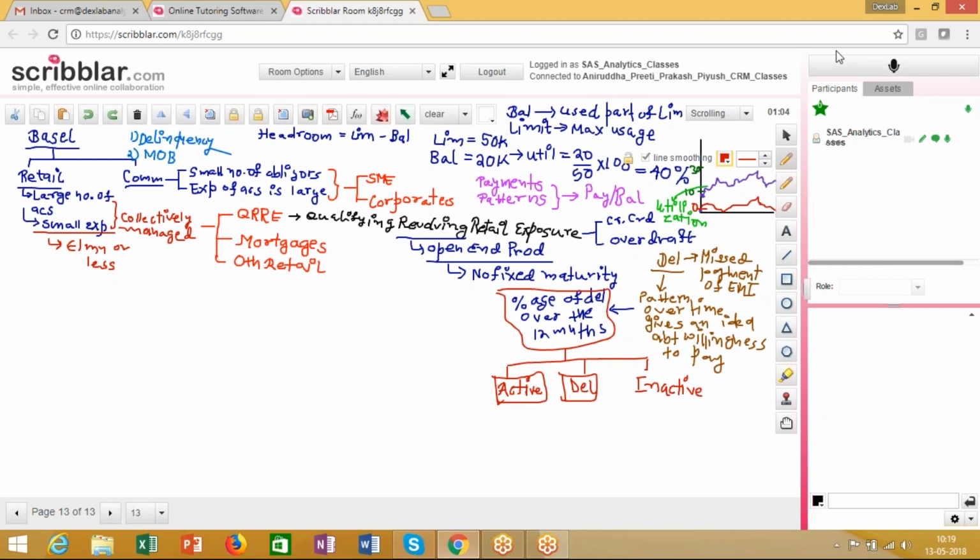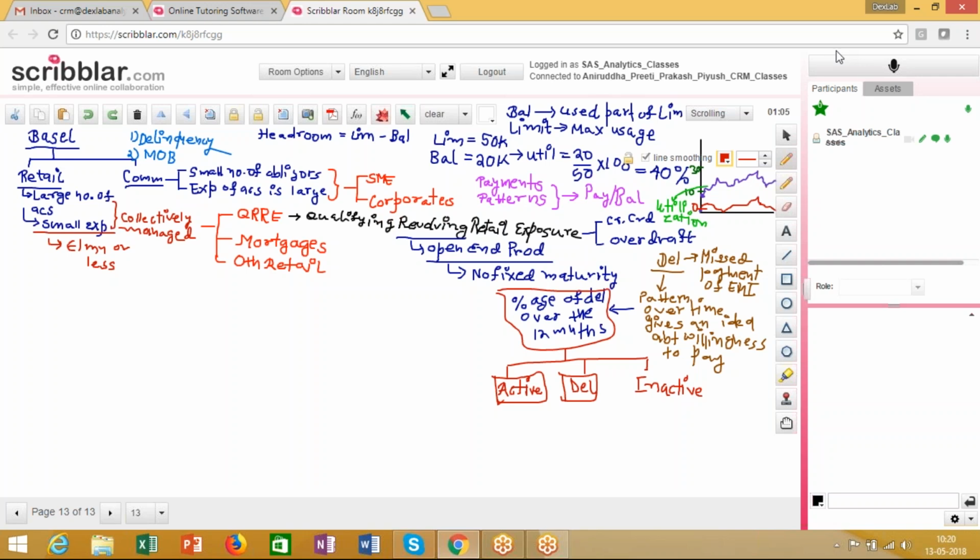Developing a model on seasoned borrowers is relatively more robust and more reliable than developing it on unseasoned borrowers. Because if a borrower is unseasoned, then you do not have a very clear picture about what this guy is going to be like.